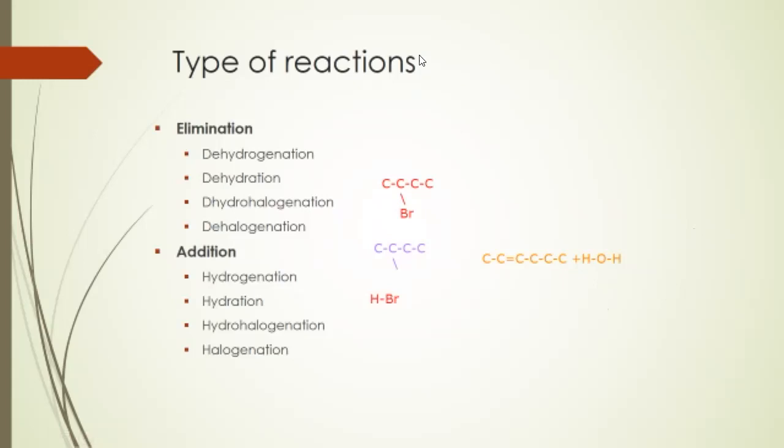Now remember what I said. Your hydrogen is still gonna go to the carbon. This is CH2, this is CH2. Your hydrogen will go to the carbon with the most hydrogens bonded to it.